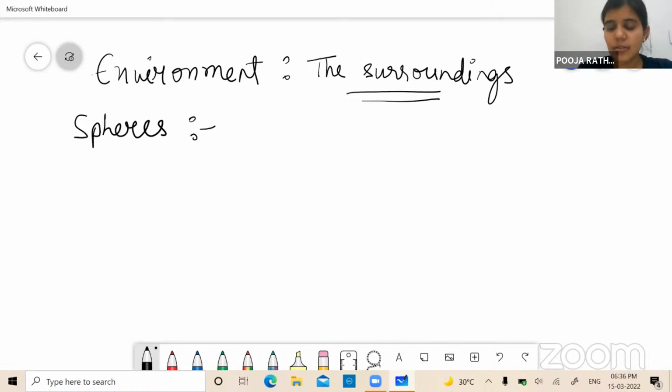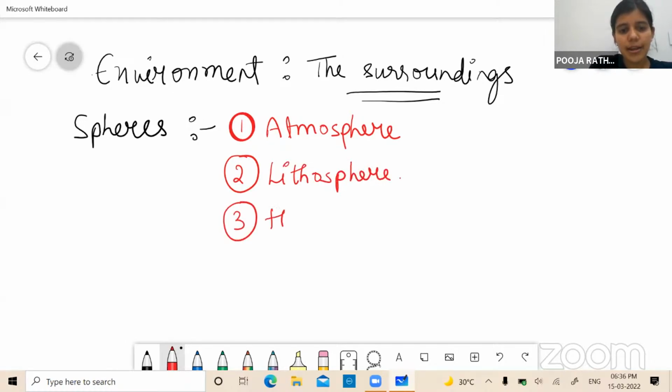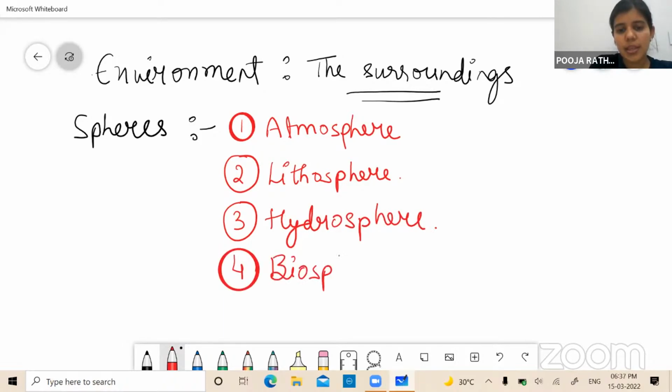The first one is atmosphere, second one is lithosphere, third hydrosphere, and fourth one is biosphere. These are the 4 basic spheres that our earth has.